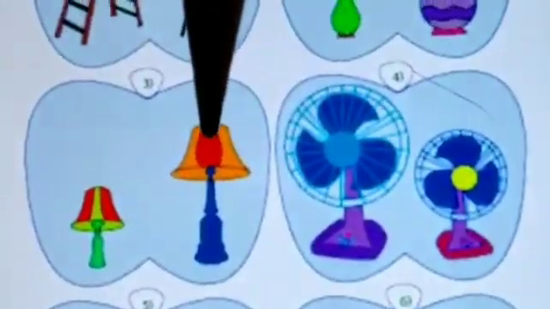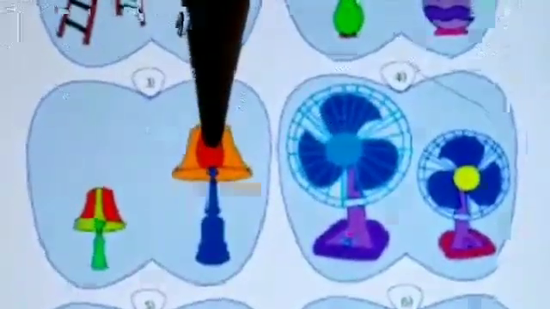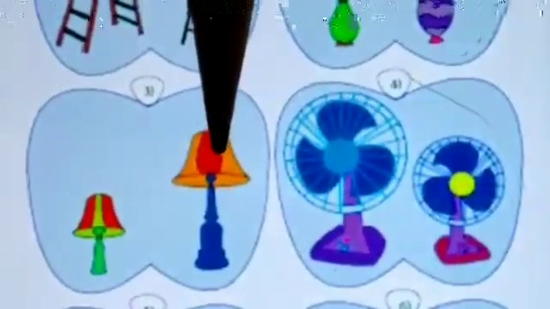Now let us look at this picture. These are lamps. Which one is tall? Yes, the orange one is tall. What we have to do on this? If it is tall, then tick or cross? Tick mark. Very good. So we will put a tick mark. And this one is short. So here we will put a cross.